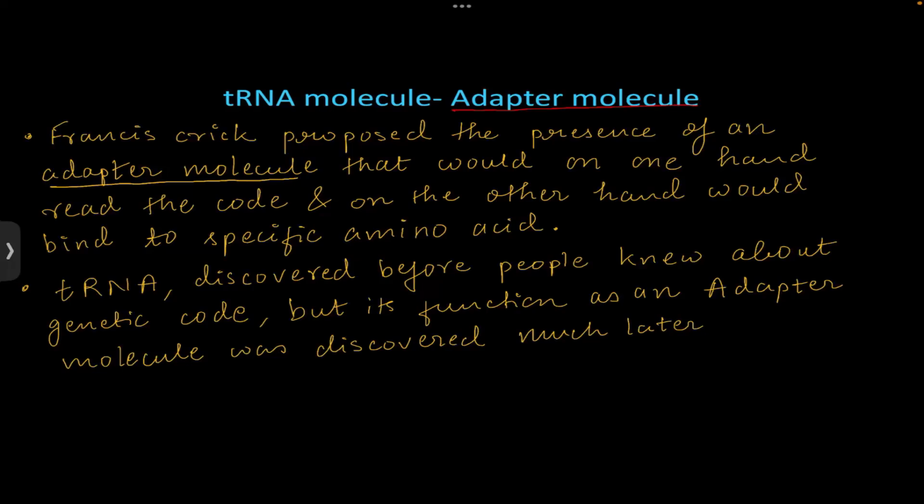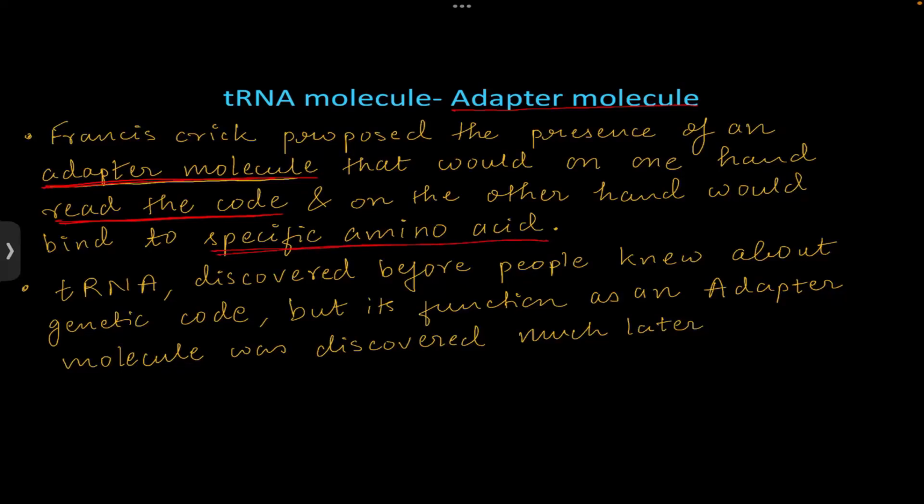Crick proposed that there must be a particular molecule, which he termed an adapter molecule, that would do two functions. The structure of the molecule would be such that first, it can read the genetic code that is there in the mRNA, and on the other hand, it will bind to a particular amino acid.